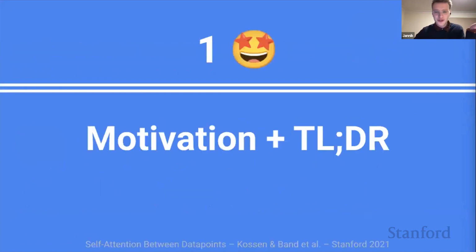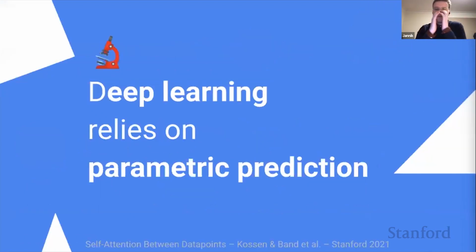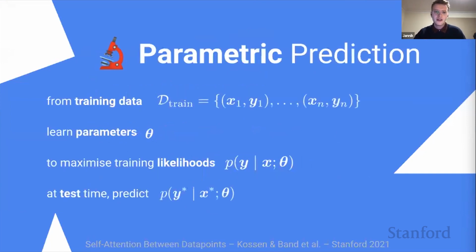All right, as promised, motivation and a brief summary. We'll start by thinking about something that we don't often think about: from CNNs to transformers, most of supervised deep learning relies on parametric prediction. That means we have some training data, and we want to learn to predict the outcomes Y from the inputs X. For this, we set up some model with tunable parameters theta.